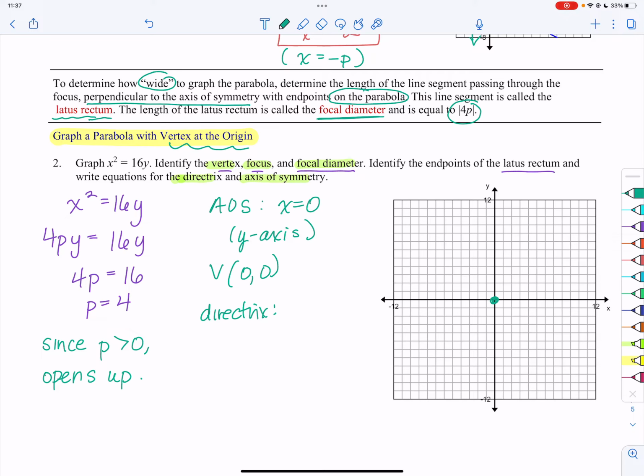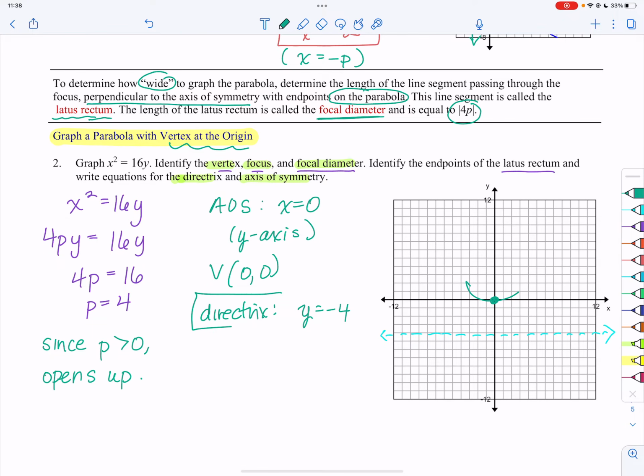So if we open up from this origin, as you can see, and we're going to add some points, but if we're here, we know that our directrix is going to be p distance, so 1, 2, 3, 4, and it'll be right here. So that is y equal to -4.